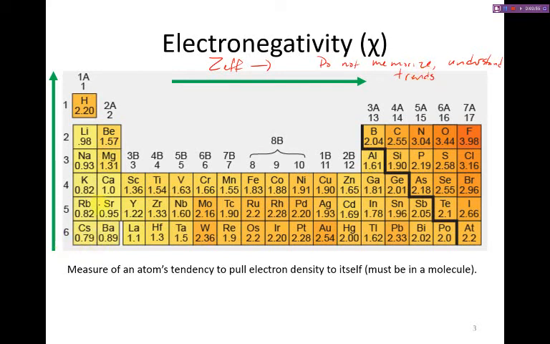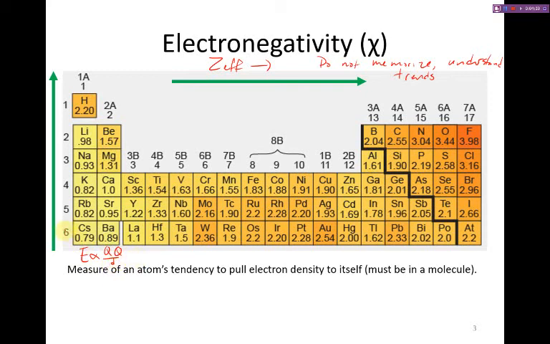Part of why the elements in the bottom left-hand corner, these metals, have low electronegativities is because, if you remember when we talked about Coulomb's law, the energy of attraction is inversely proportional to distance.